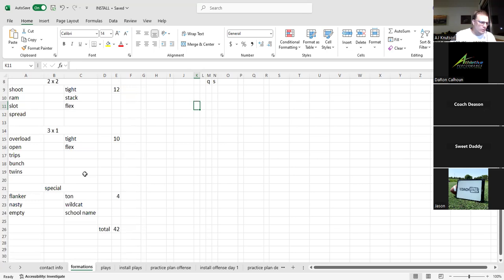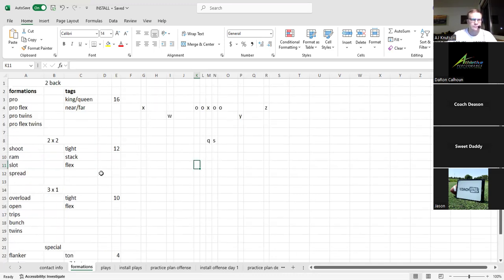And then we'll talk about special formations later on too, what you might want to have. Altogether, we have 42 formations, and we only average 14 formations a game. So we're not using all those formations. The kids don't even have to learn all of them, but as a coaching staff, you should understand all those formations because it really helps when you're doing scout. That's one thing I want to make a note of when you're looking at formations.